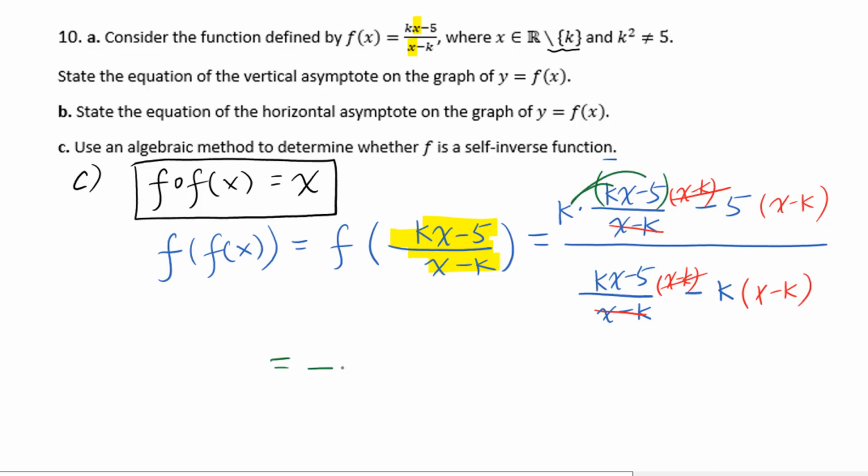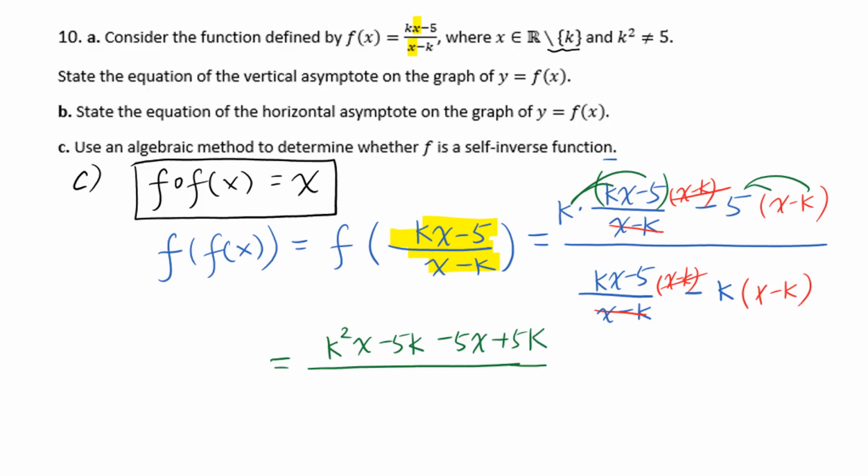You will get k squared x minus 5k, distributive property, minus 5x plus 5k. For the denominator, you will have kx minus 5, distributive property, minus kx plus k squared.